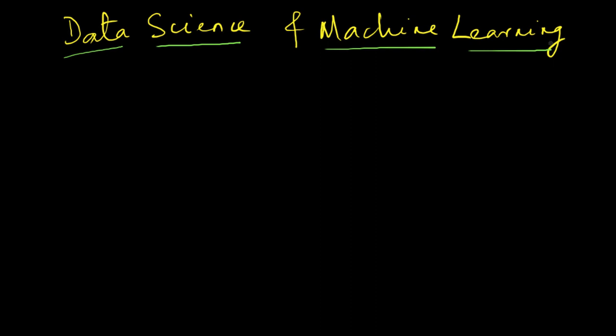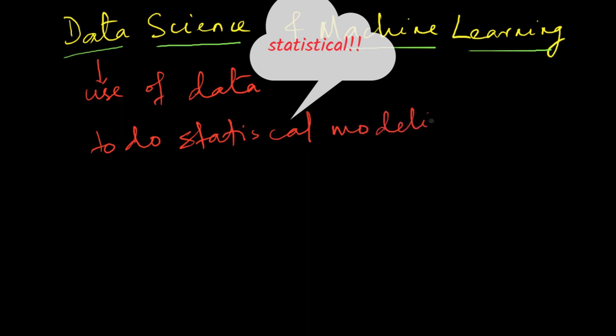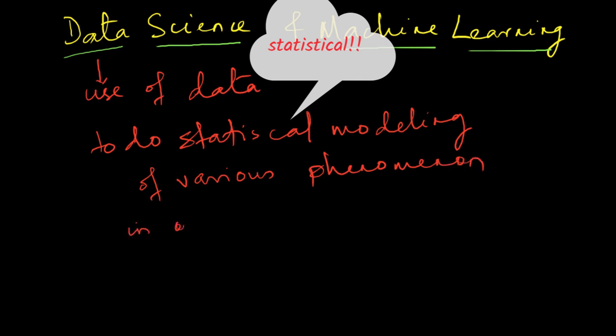But roughly speaking, one can say that data science is basically about use of data to do statistical modeling of various phenomena in order to do automated predictions.